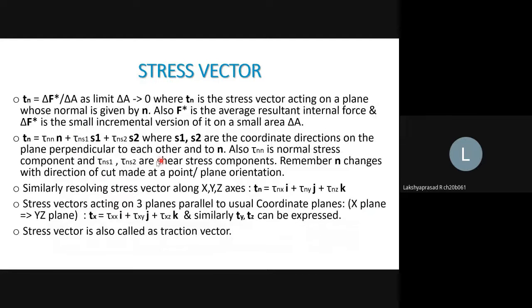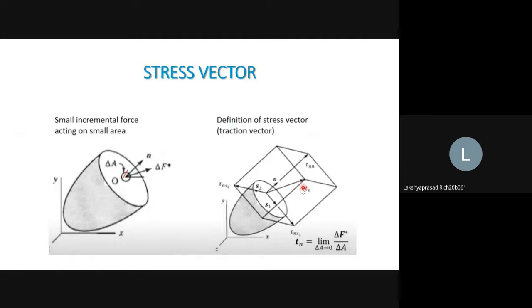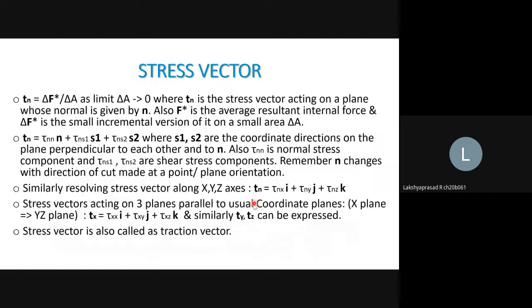All right. So this is the stress vector, and we can resolve it into three mutually perpendicular components: n, s1, and s2. The n vector is perpendicular to the surface, and s1 and s2 are tangential to the surface but perpendicular to each other. So tn is equal to tau n n cap plus tau ns1 s1 cap plus tau ns2 s2 cap.